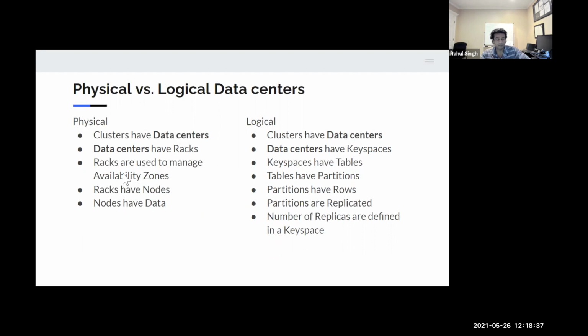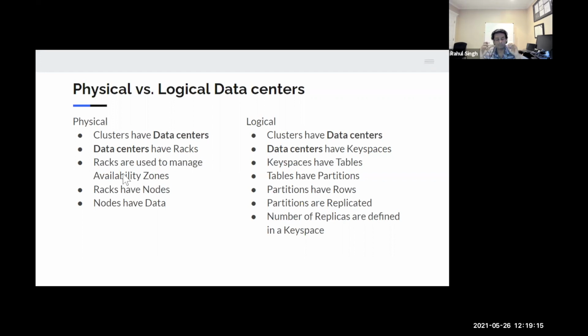So if you're using Cassandra on the cloud and you're in US East 1 physical data center at Amazon, or US East, whatever, at Azure, then if you have 3 availability zones, A, B, and C, in that region, you could say rack 1 is in AZ1 or AZA, rack 2 is in AZB, and rack 3 is in AZ3. And what that will do is when we say replicate the data 3 times in just that one data center, you can still have availability and redundancy in one data center.